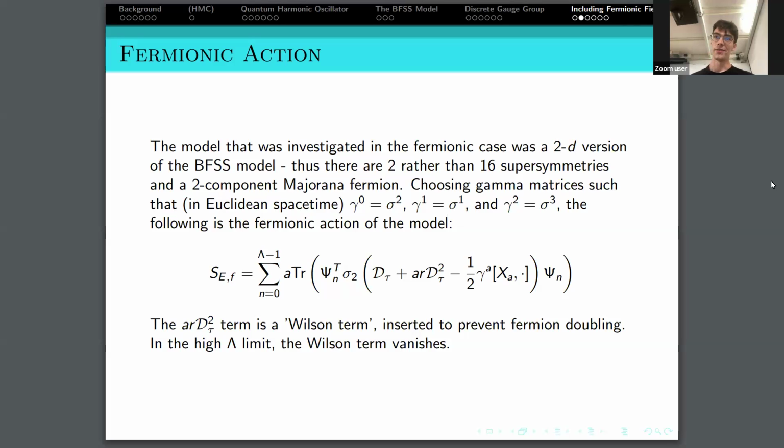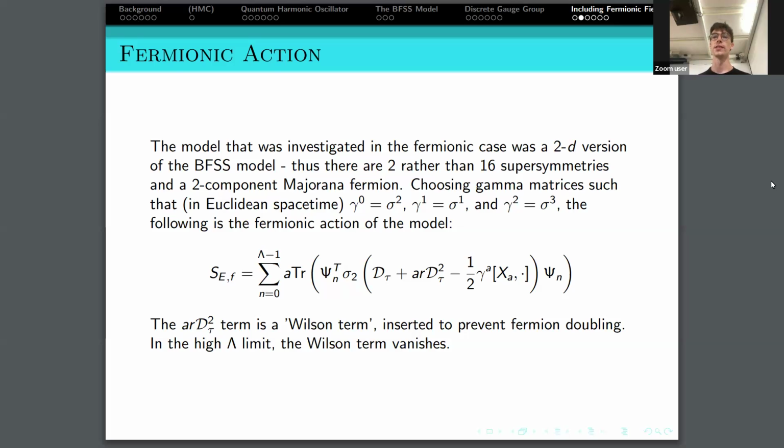I guess just to say that there's a term in here that's been inserted to make up for lattice defects, and that's the Wilson term. It covers over any problems created by fermion doubling, which is where the linearity of the derivative is messed up by putting things on a lattice, and you get multiple solutions rather than just one.